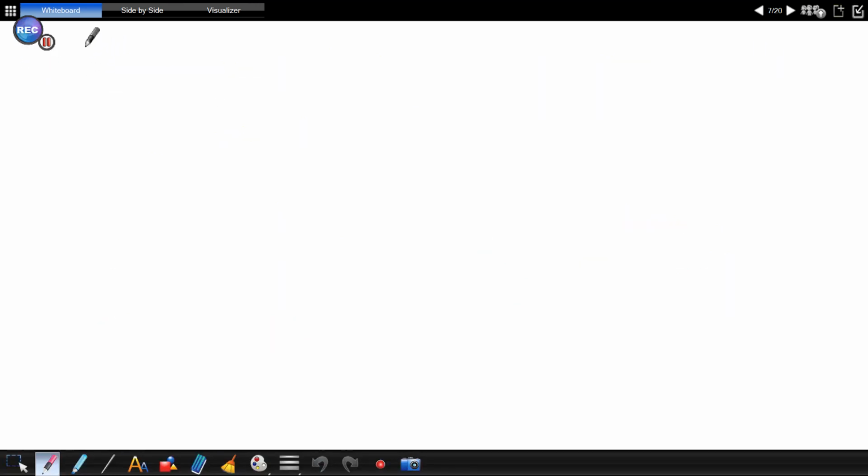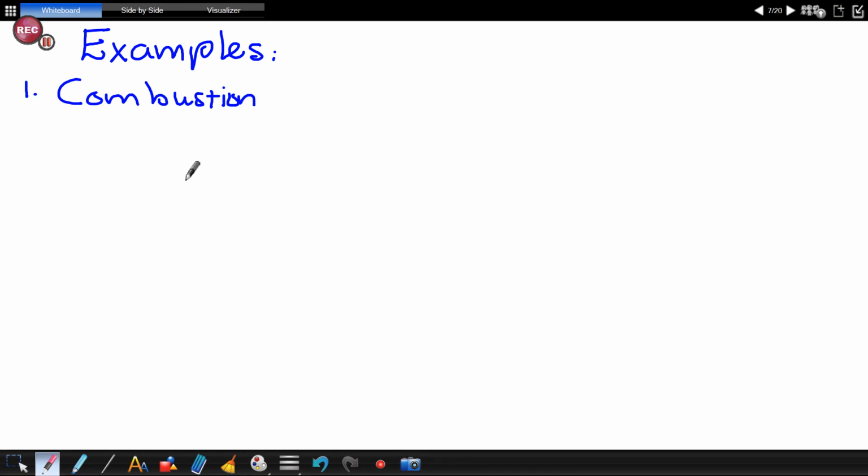So now we're going to do examples, and I'll start with the easy ones, the combustion ones. Now all you need is a little spark, and this compound in the presence of oxygen will ignite.